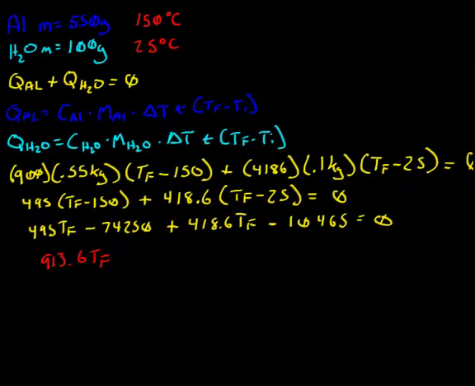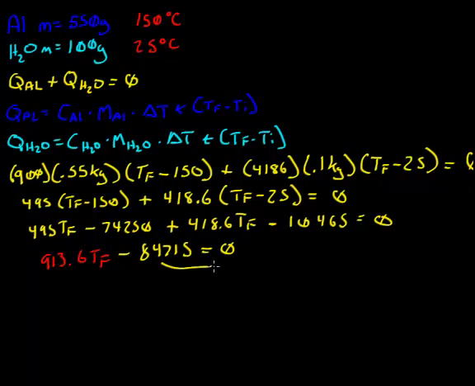And then we're going to subtract the 74250 and 10465, which is 84715. So we're going to say minus 84715, and that's going to be equal to 0.